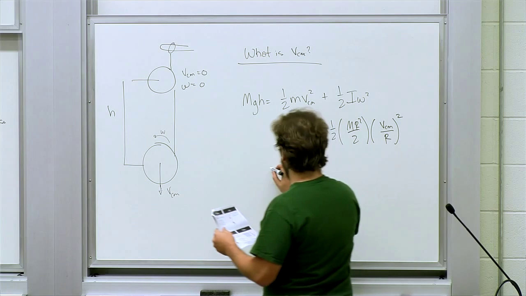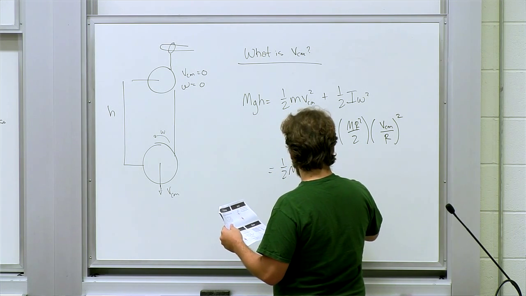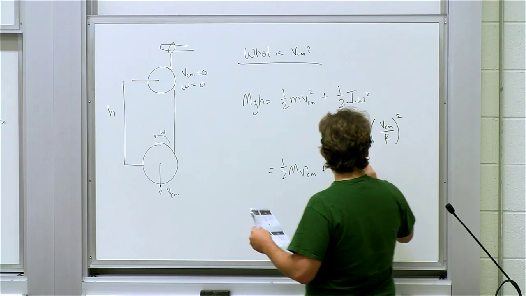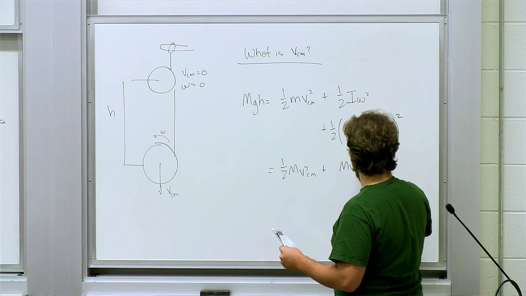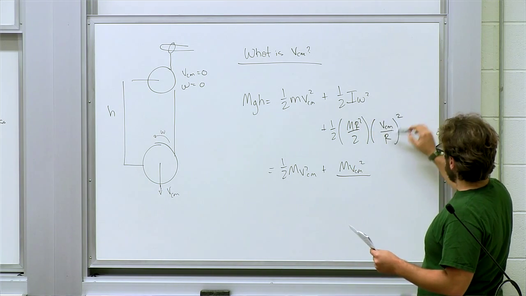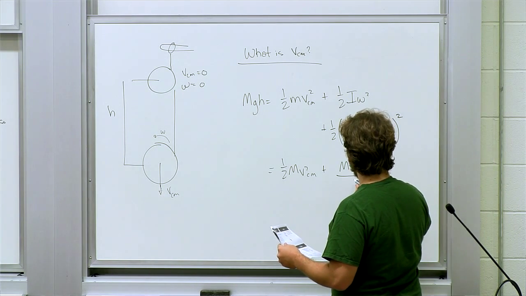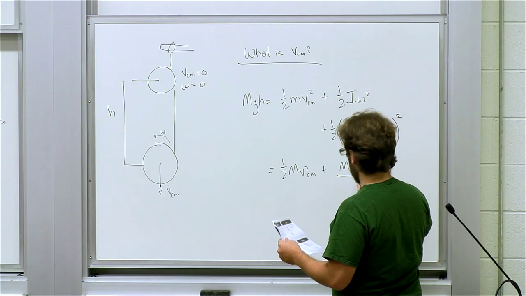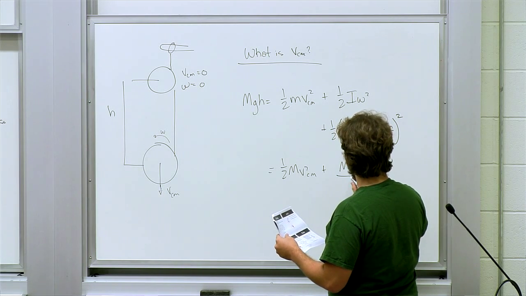Okay, and then it's just a little bit of algebra. The r's cancel. This is r squared, and this is r squared. This becomes m v squared over 4? Yes, 4.